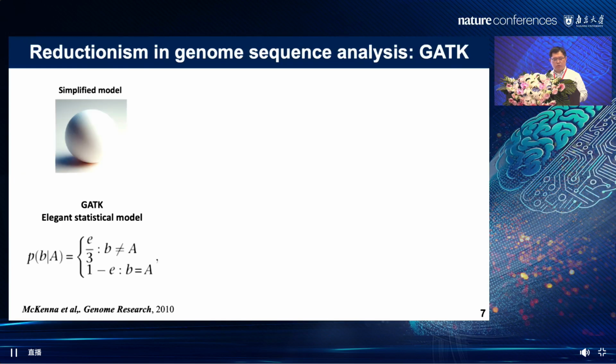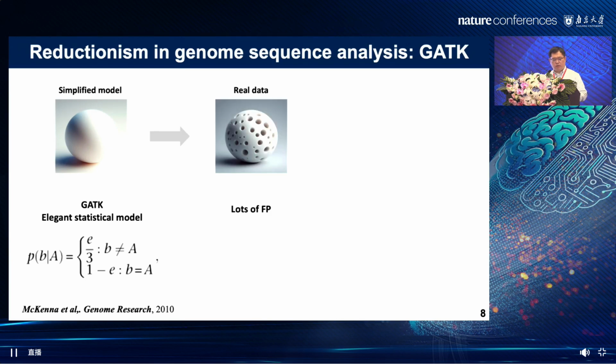Let me give you one example, the famous GATK. GATK is a dominating variant calling method in the genome sequencing field. It applied a very elegant statistical model to compare the probability of one base at a certain location against the background sequence error. It's so simple, with so few parameters.